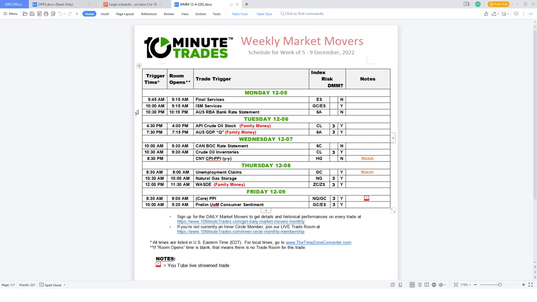The trade trigger, of course, is the name of the event that we're trading, and the date. Then we have the index that we're looking to trade. That's the instrument. Might be gold, GC, might be the Australian dollar, 6A. Some trades we have risk levels, depending on the trade.